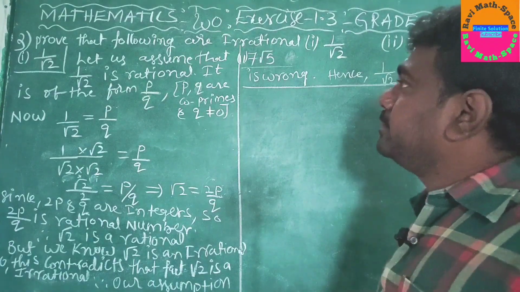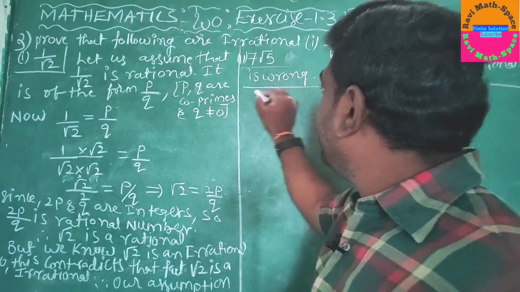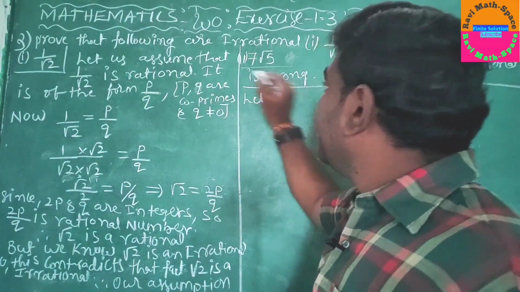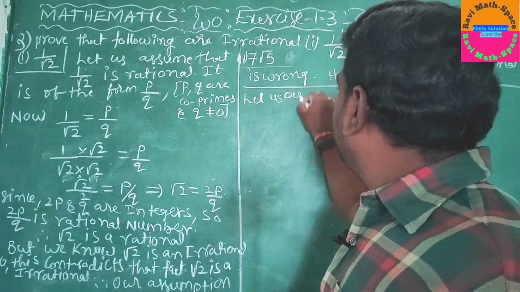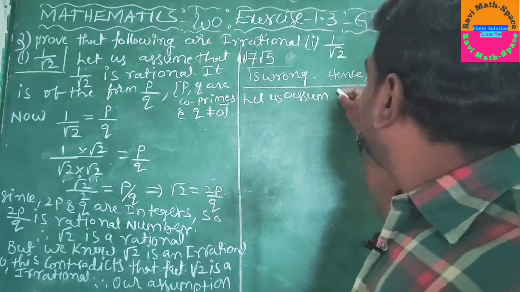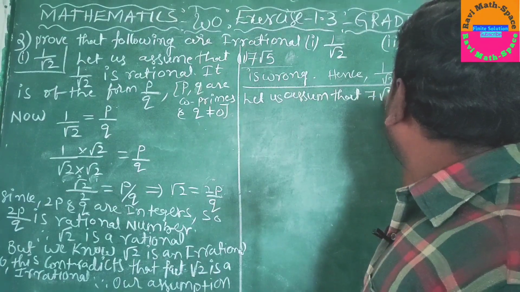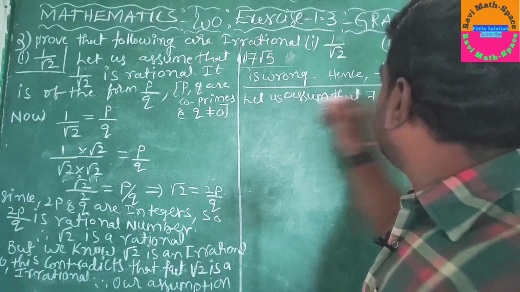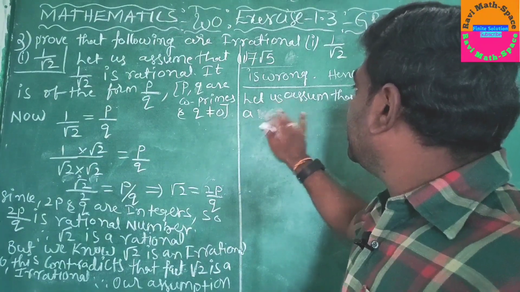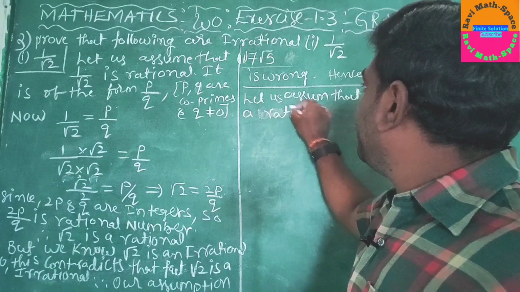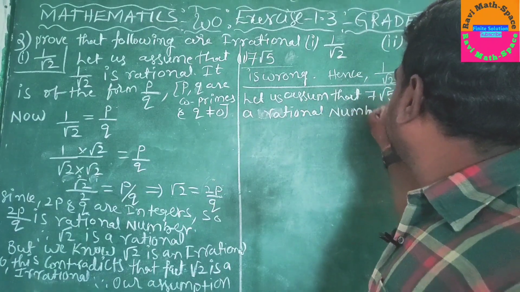7 root 5. Same procedure applies, whatever the procedure. Again the first step: let us assume that 7 root 5 is a rational number.